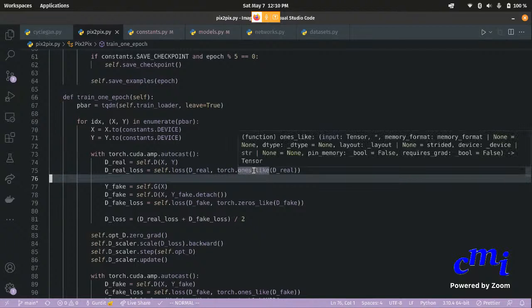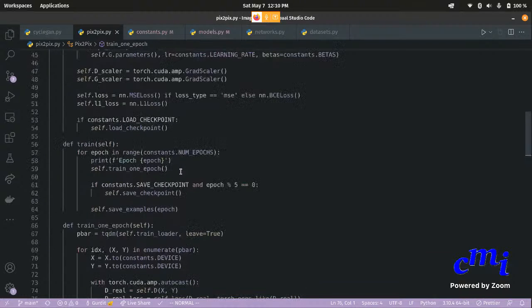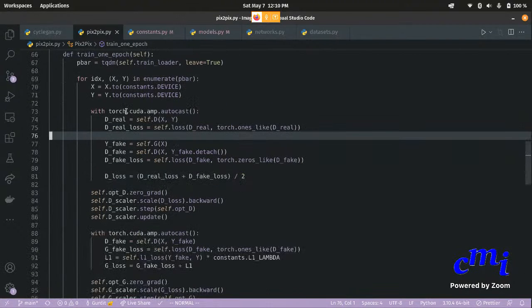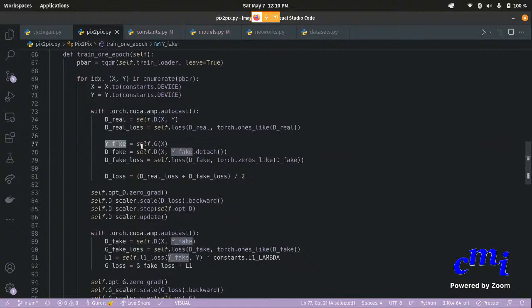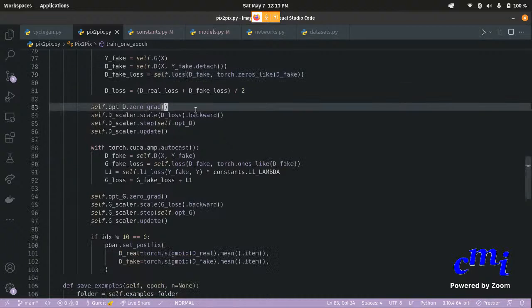So we pass a ones matrix of the same size as the patch matrix, and for the loss we have used mean squared error loss, or we can also use cross entropy. And for the fake part, we use the generator to predict a fake image, pass it through the discriminator, and we want it to predict 0. So we set the target to a zero matrix and we train the discriminator.